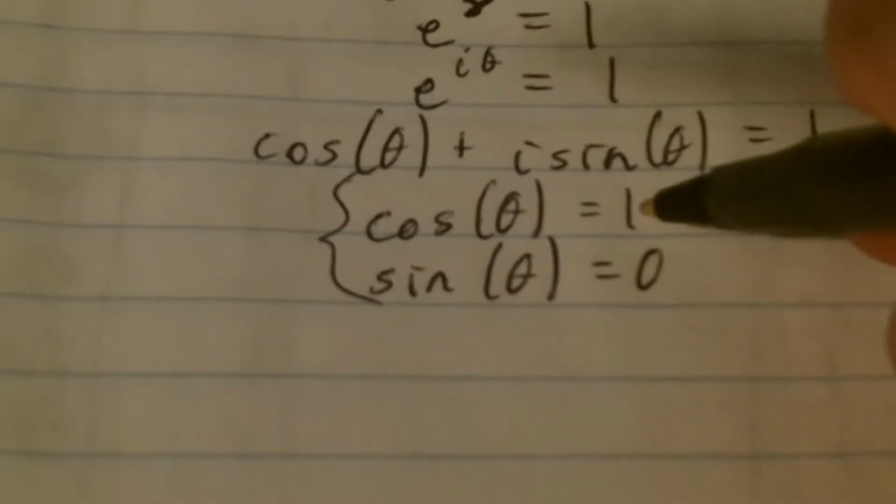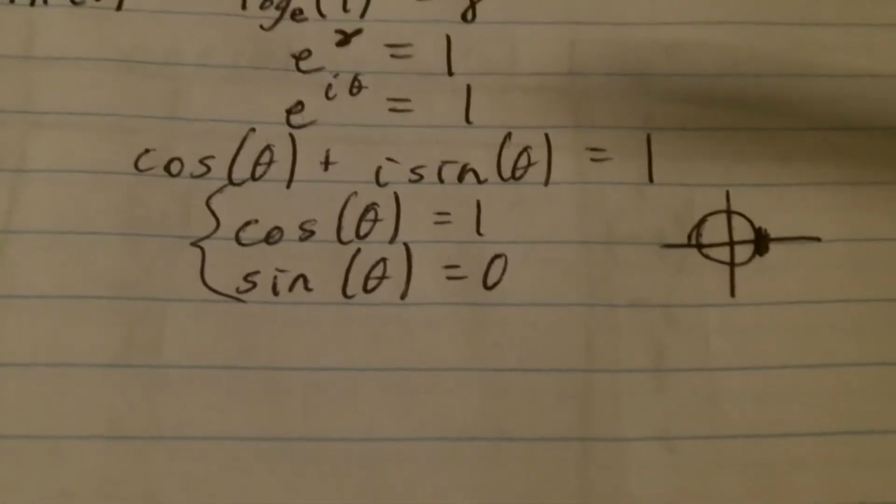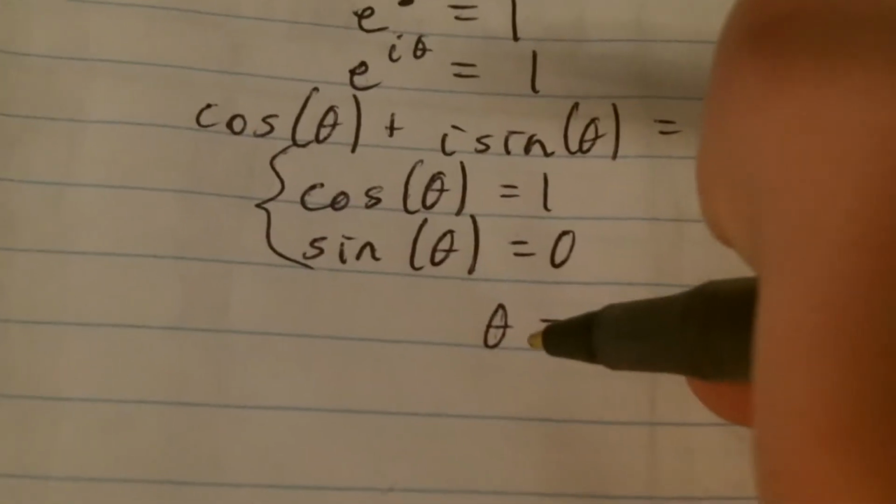This system describes a point on the unit circle, where cosine is equal to 1 and sine is equal to 0. You can probably get where I'm going here. The x-coordinate must be 1 and the y-coordinate must be 0. So the solutions must be the values for theta which solve this system. There's an infinite set of those values.